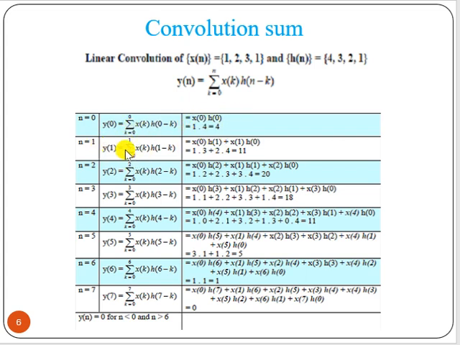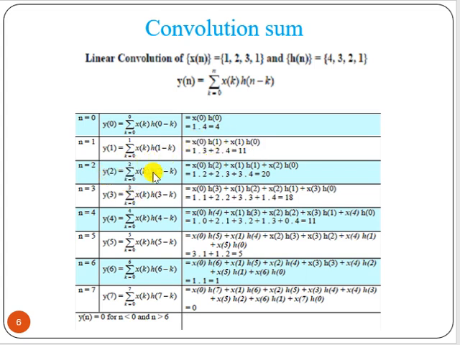Now n equal to 1, that means k goes from 0 to 1. We write xk into h of 1 minus k. Here n is 1 and k you have to vary, so one time it is x0 h1, another time when k equal to 1, x1 into h of 1 minus 1, that is h0. Then you can find the value.